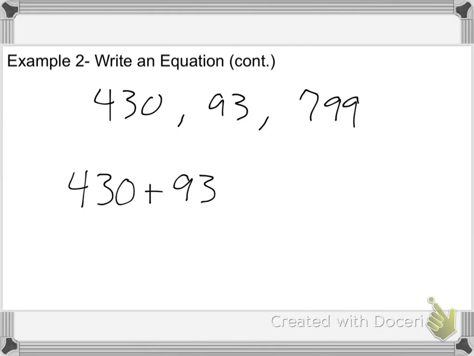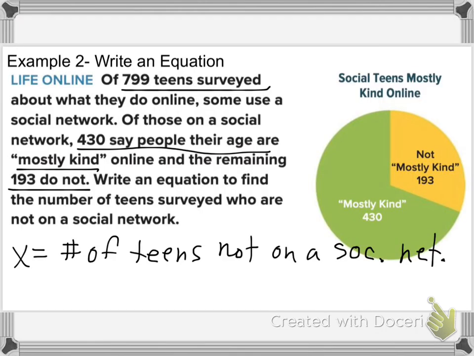What else do I need to add to this to get to my grand total of people that were surveyed? Now I'm going to be adding something because I'm trying to get the total number of people surveyed. What's my unknown? X, right?